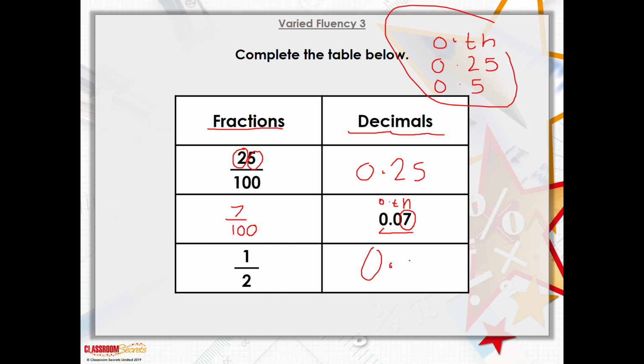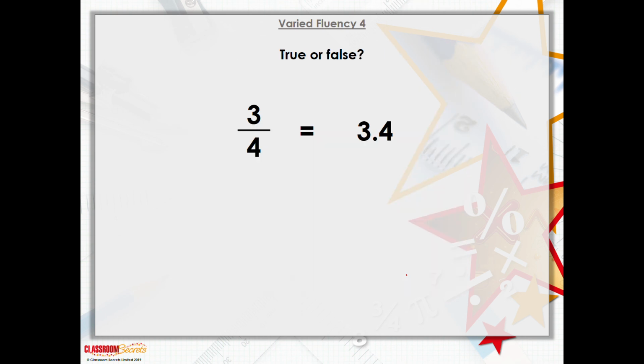Right, let's have a look at our next activity. True or false? 3/4 equals 3.4. Now, if we look at this, understanding our fractions, that this hasn't actually hit a whole number yet, we know that this is false. However, I just want to work out what actually 3/4 of 1 is.